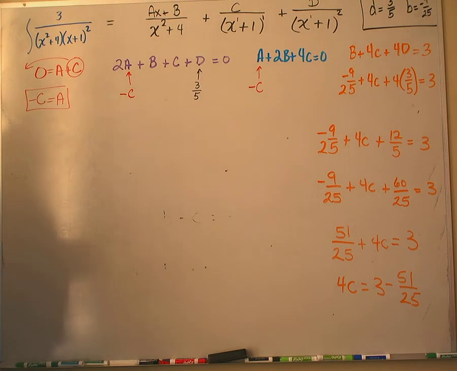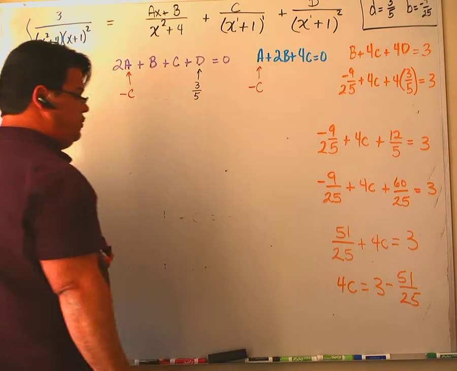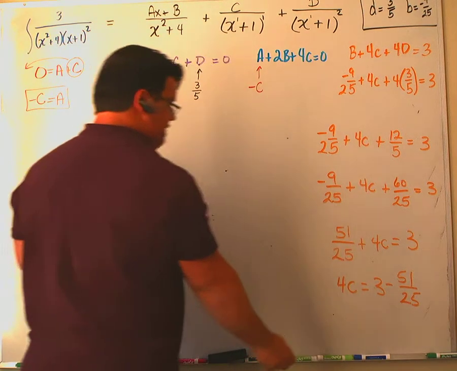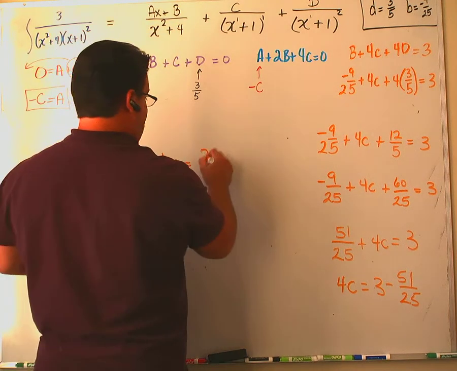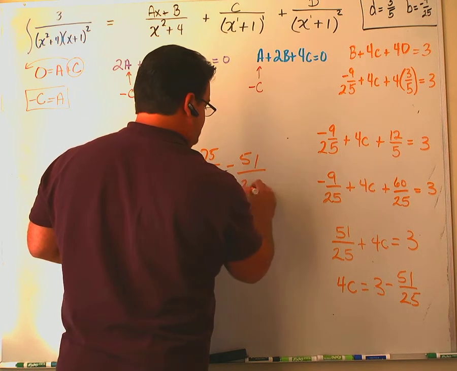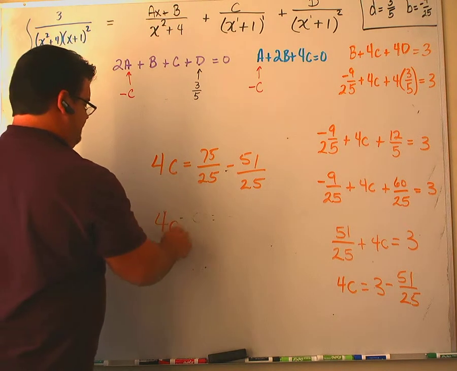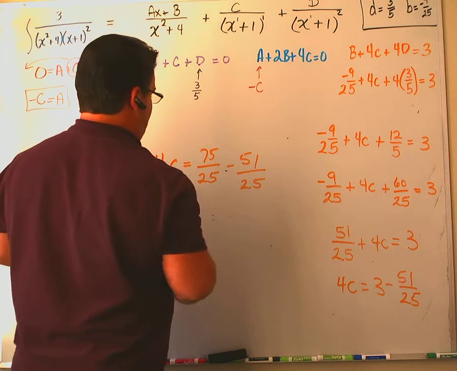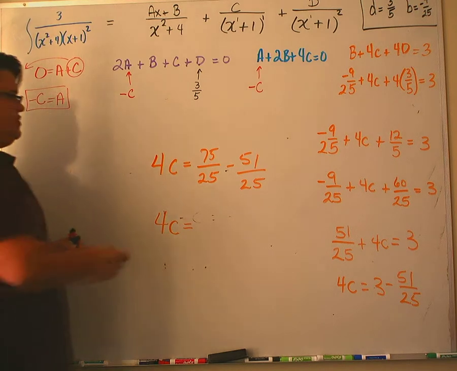Yes, okay, I'm sorry. That's 4C is equal to 3 minus 51 over 25, which is 75 over 25 minus 51 over 25. And 75 minus 51 is 24. So that's 24/25.